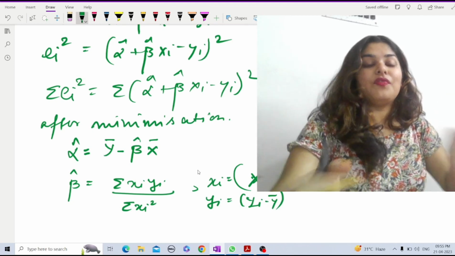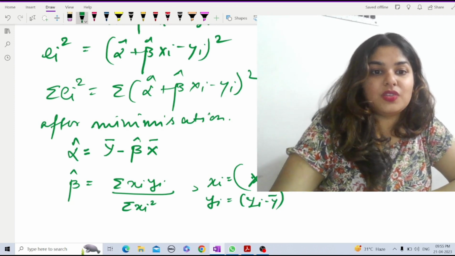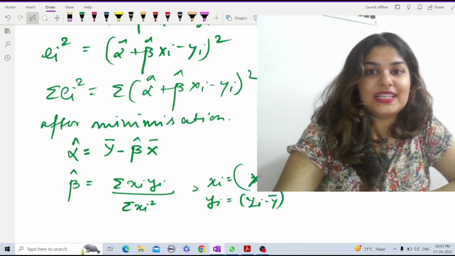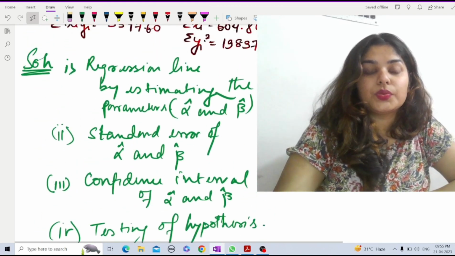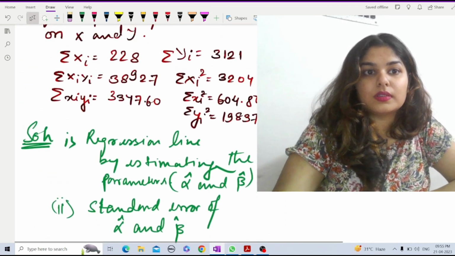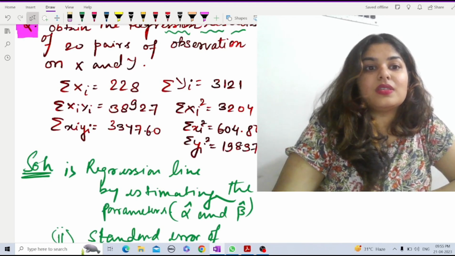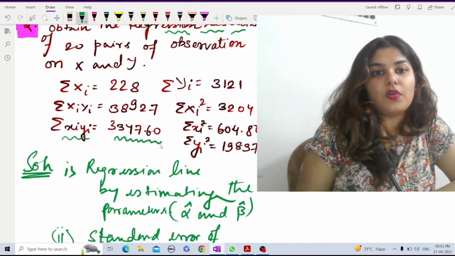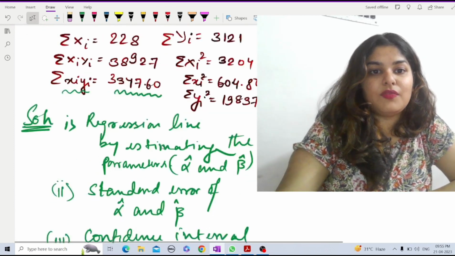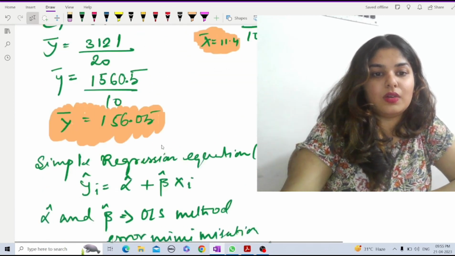First, let us calculate beta hat. We have summation xi yi. Let's go up and check the value. So summation small xi yi here is 3347.60. Let's write it down.